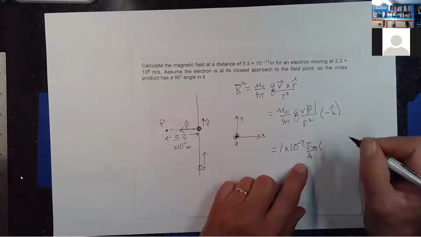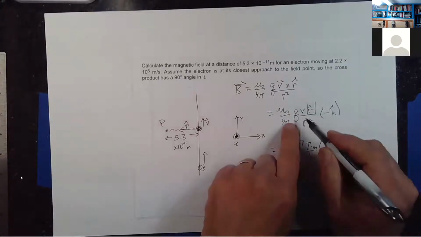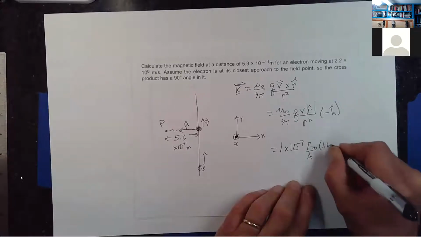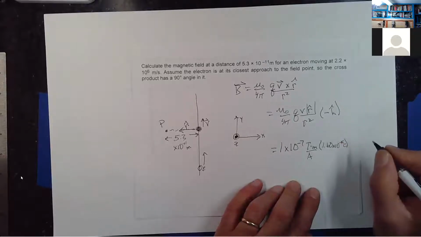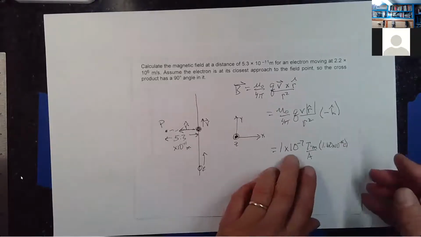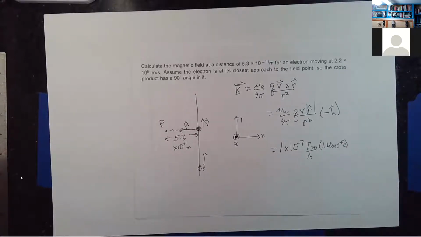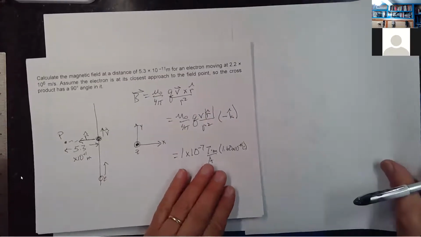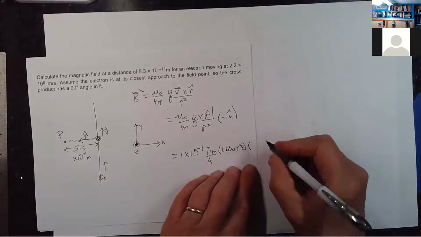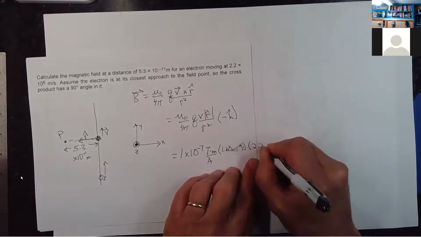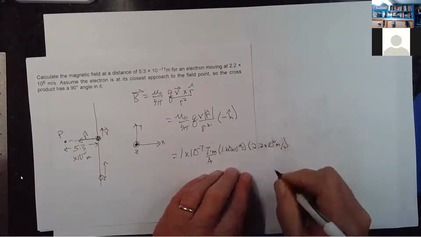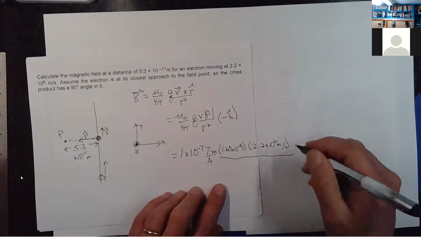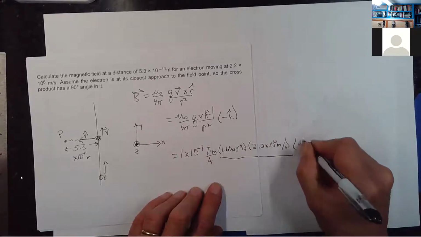Okay, and then the charge on the electron, 1.60 times 10 to the minus 19th coulombs. V is 2.2 times 10 to the 6th meters per second. That's that part. And still, this is in the minus K hat direction.